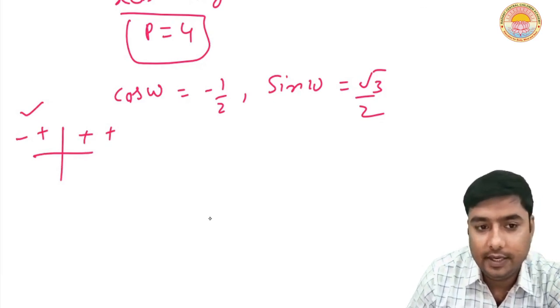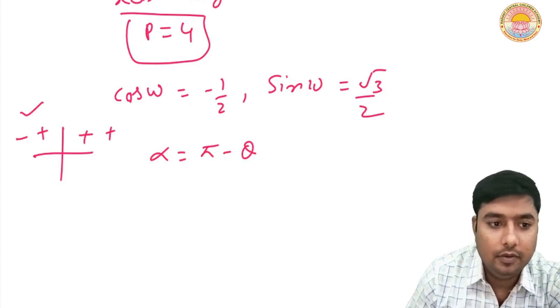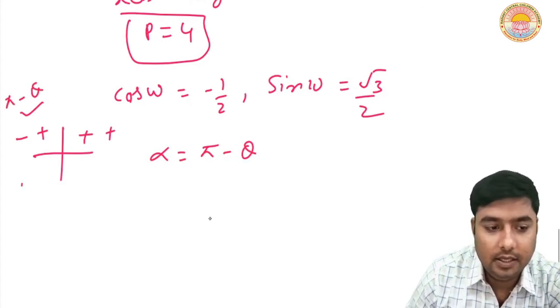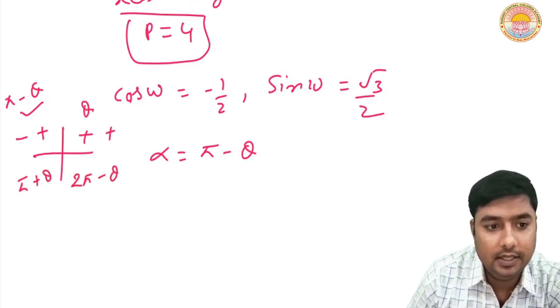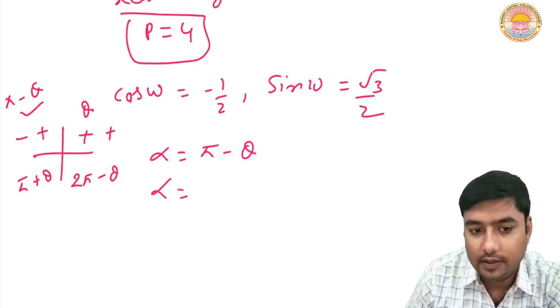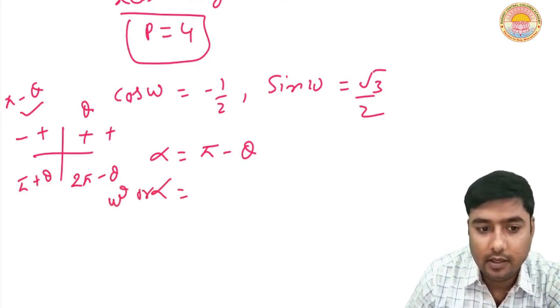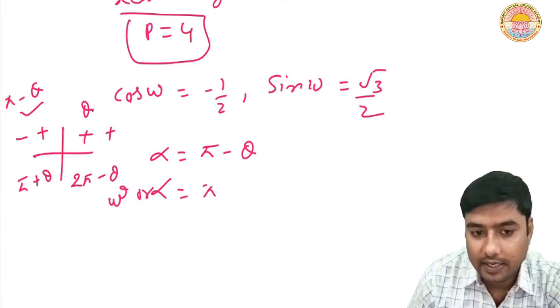So we can write alpha equals to pi minus theta. We know that in the second quadrant, pi minus theta, in the third pi plus theta, in the fourth 2 pi minus theta, and in the first theta. So the angle omega is pi minus theta.